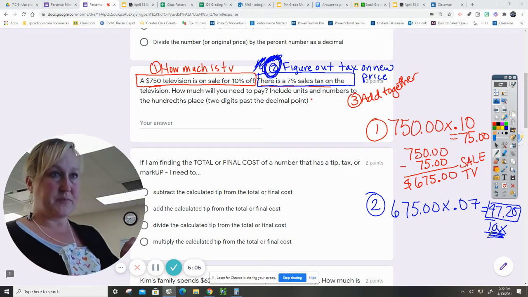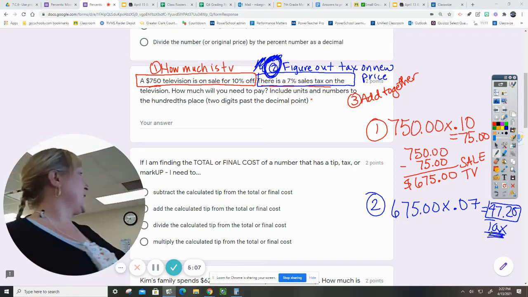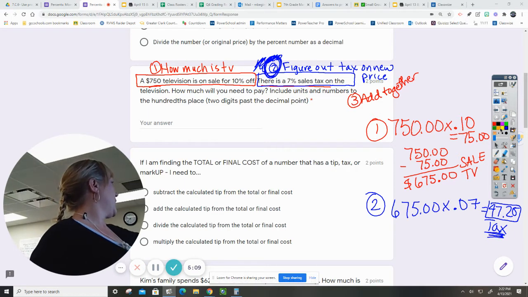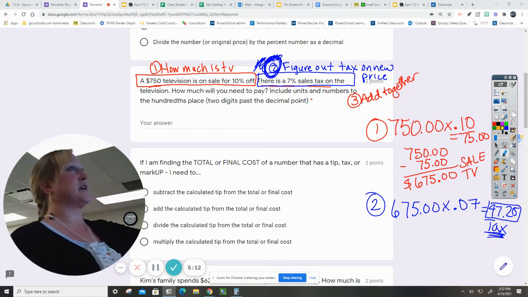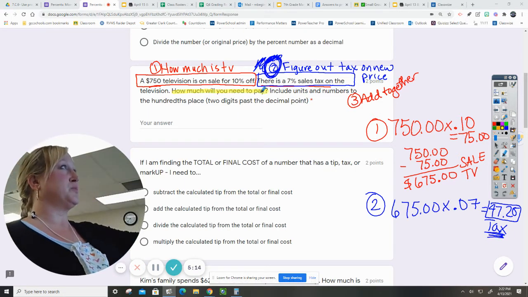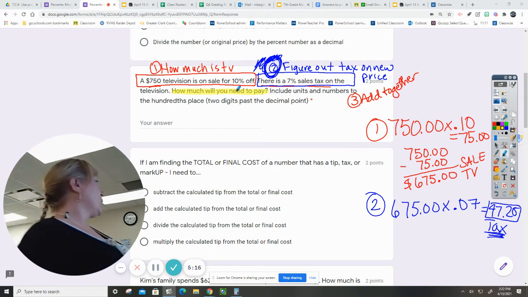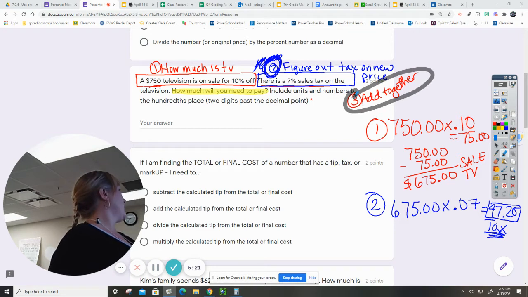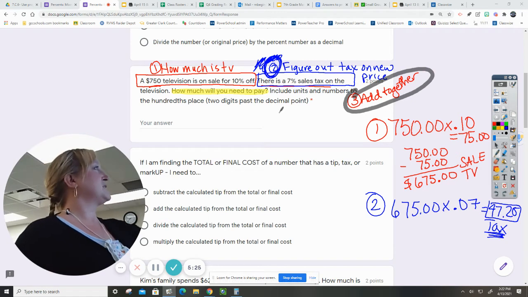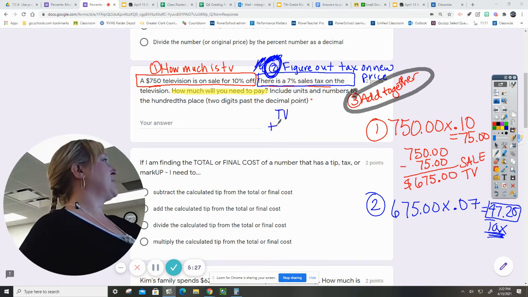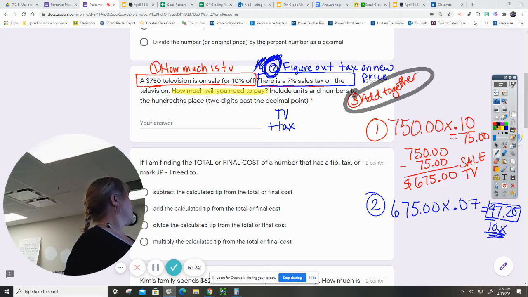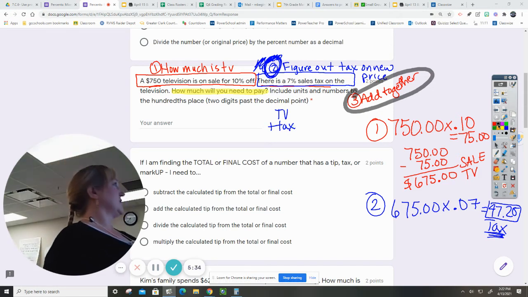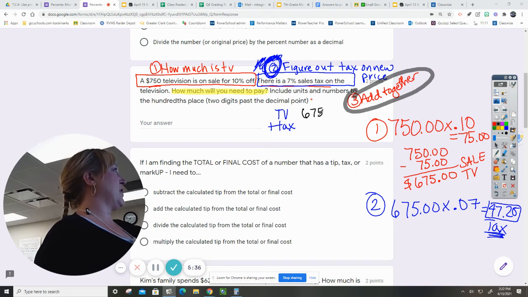The tax. So what it is asking for in the question, which is why it says read carefully, is how much you will need to pay. Okay? What you're going to pay is when you add them together. So I need to take the TV cost, TV plus tax. So the TV was $675.